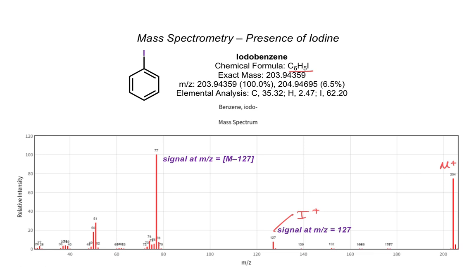And to point out here, let me write this. C6H5I, that parent is corresponding to that intact molecular formula. See this other fragment here?